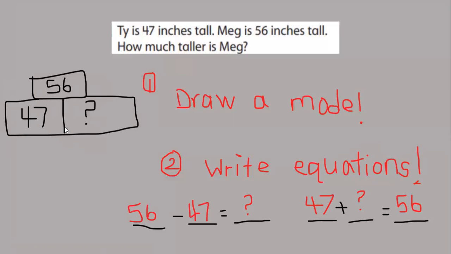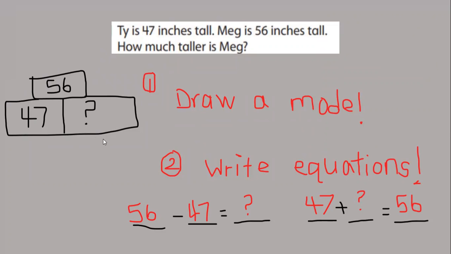And I need to see if that makes sense when I'm setting this problem up. So I'm going to put 56 on top. I'm going to put 47 here, and then my unknown is the difference between these two numbers. So that makes sense because I know in a bar model, if I take the total number on top, and I subtract one of the parts, remember part whole, it will give me the other part.